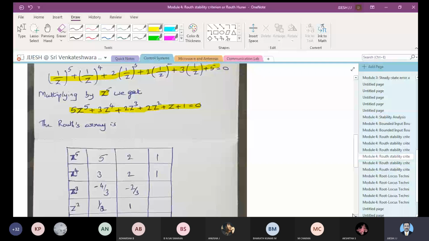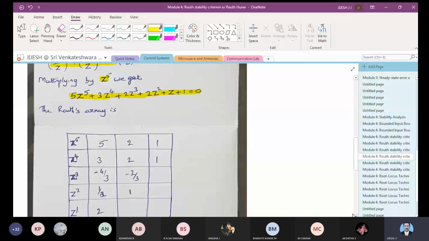So anyone of you got the next coefficient? Next value. Minus 10 by 3. No, it is 2 you will get.